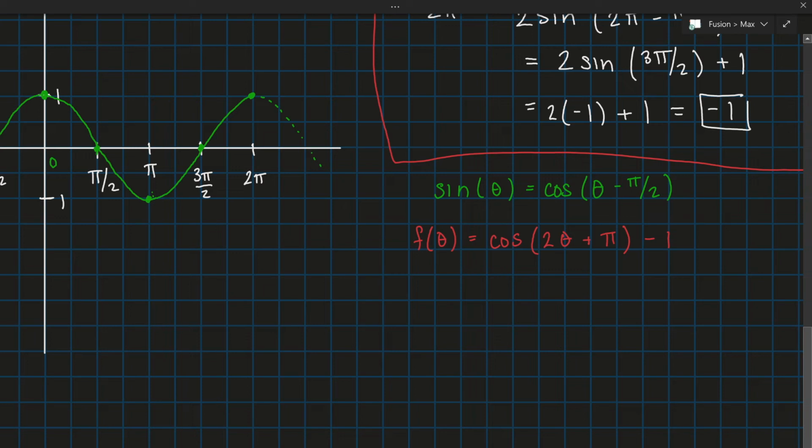Okay. Actually, let's just do plus pi. We don't need to make it super complicated.